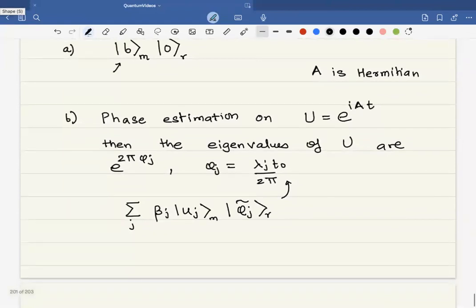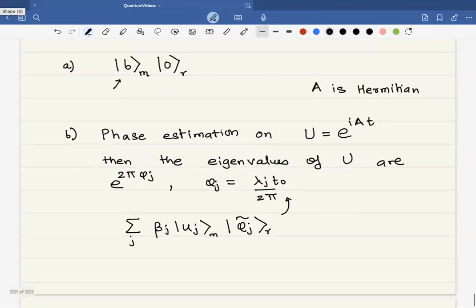Now the next step is called an eigenvalue inversion. So the first step I will call the loading step, then the phase estimation, and I'll call step C the eigenvalue inversion.